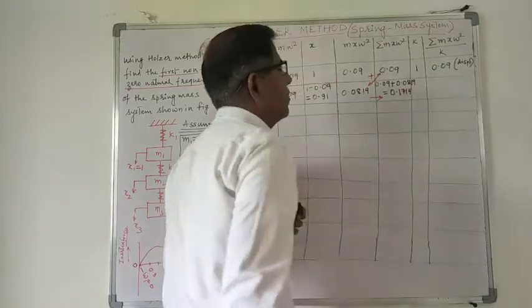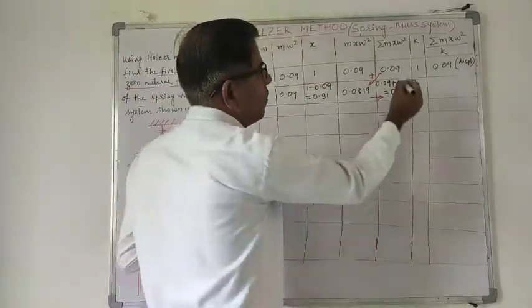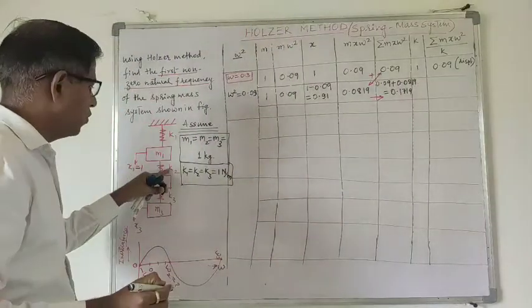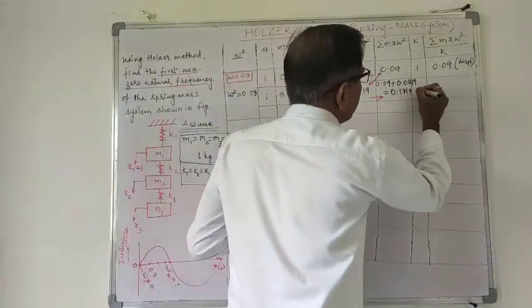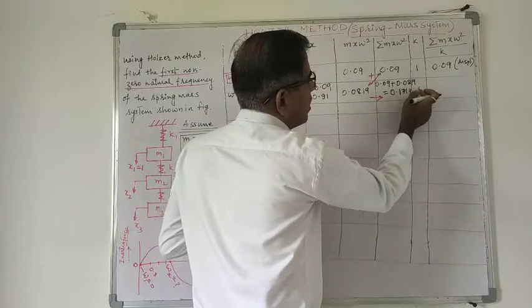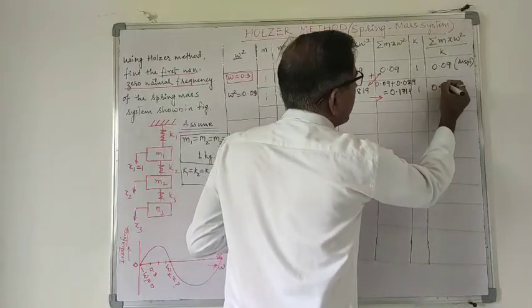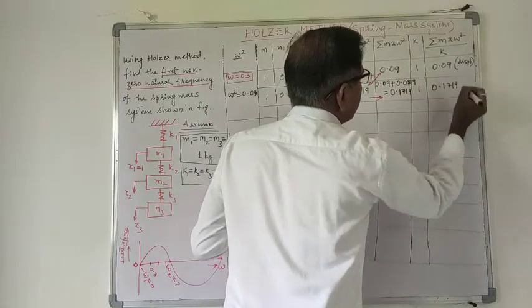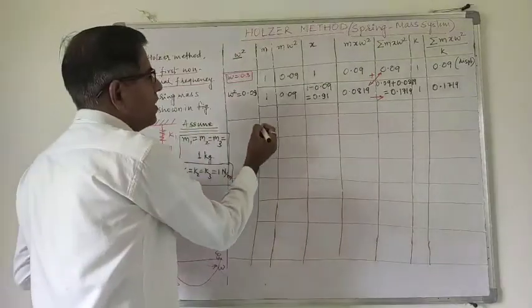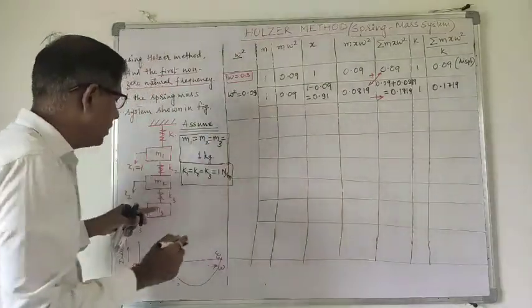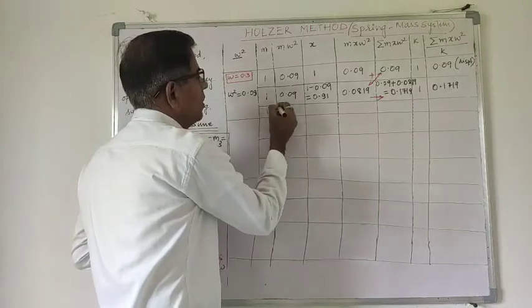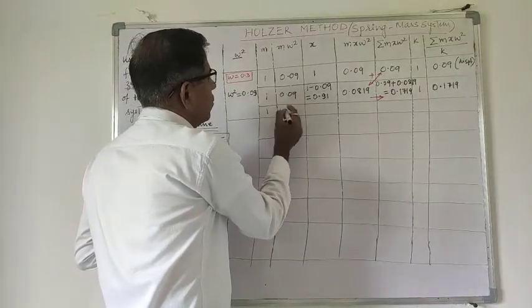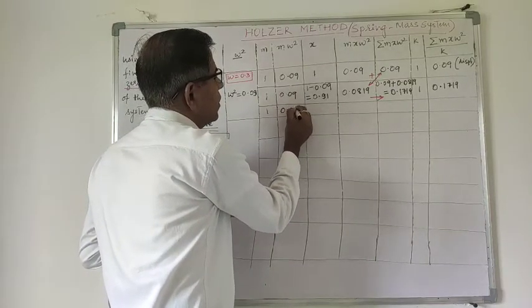Okay. Now the value of k2 is also 1, and dividing by 1, the answer is 0.1719. Now in the third iteration, the value of m3 is also 1, so this will give 0.09.